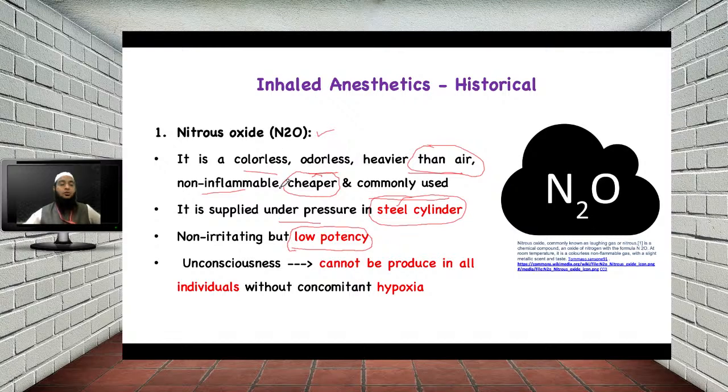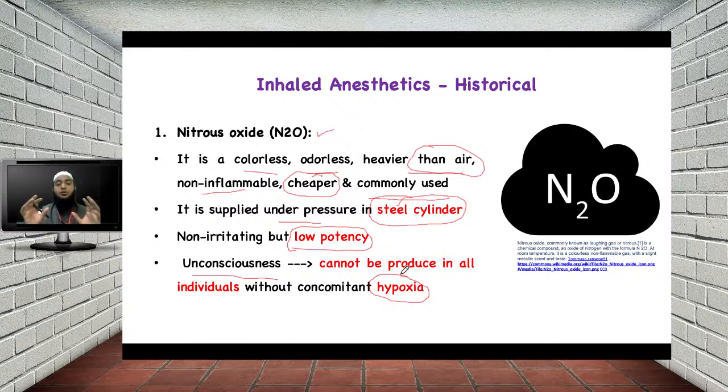Let's see how it produces unconsciousness, because unconsciousness is required for producing anesthesia of the surgical grade. Unconsciousness cannot be produced in all individuals without concomitant hypoxia, so that is the problem with nitrous oxide. We have seen that for drugs which take time in inducing general anesthesia, we use carbon dioxide.